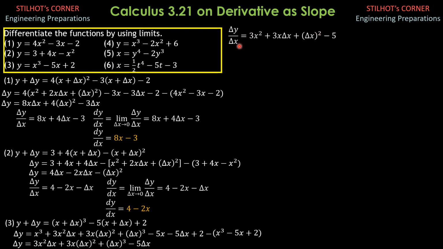And dy dx, the derivative of y with respect to x, is the limit of this ratio as delta x approaches 0. And the final answer, therefore, is equal to 3x squared minus 5. So for problem 3, the derivative of y with respect to x is 3x squared minus 5.